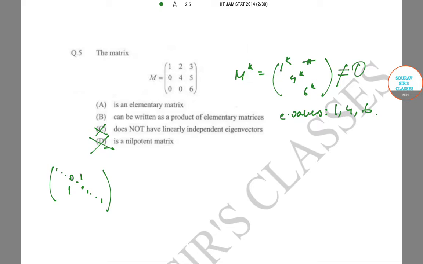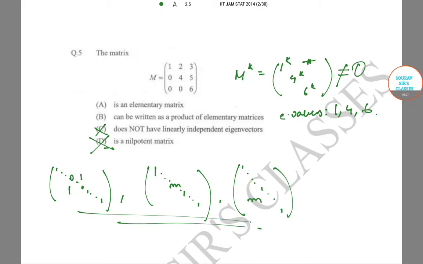It will either have only ones and zeros in the diagonal, or it can have at most one non-one value in the diagonal, or it can also be of the form these, and definitely our matrix M is in none of these forms, so it is not an elementary matrix.